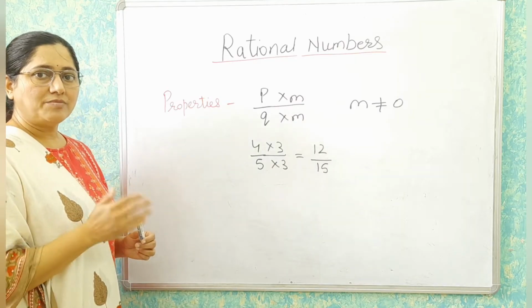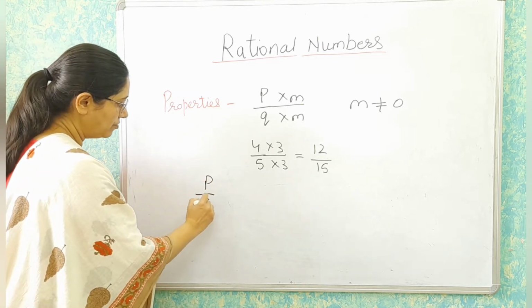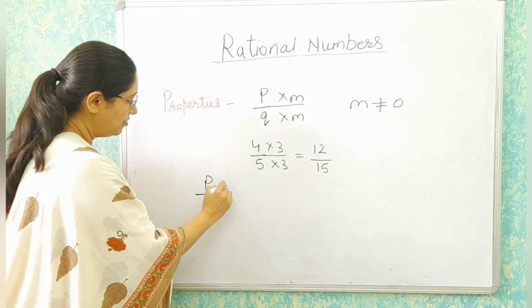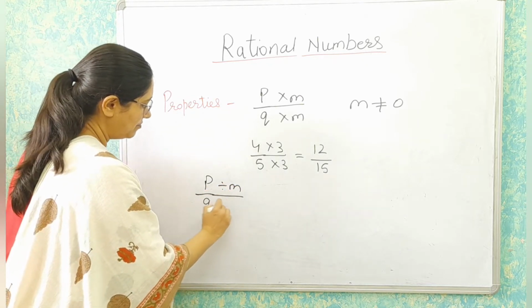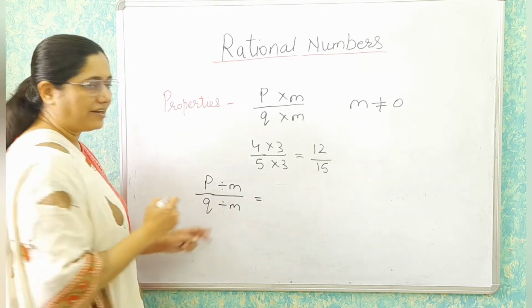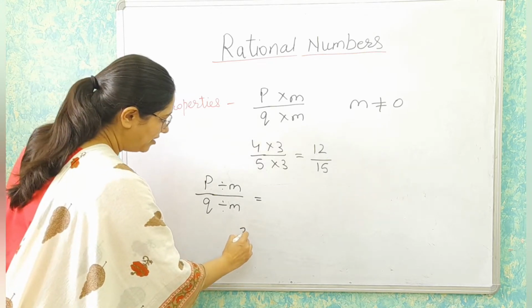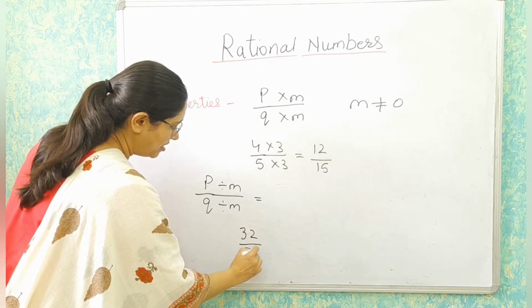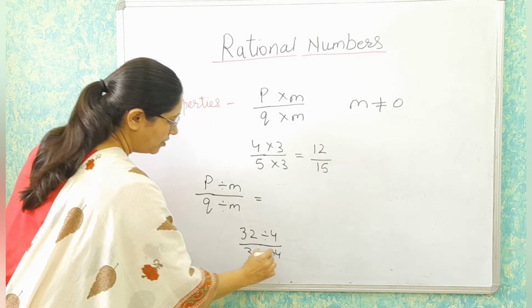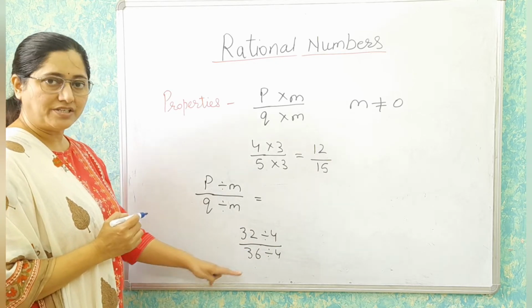Second property, suppose again I am having a rational number p upon q. But this time I am dividing this rational number with a non-zero integer, say m. Again I will get an equivalent rational number. For example, if I divide 32 upon 36 with 4, you know that 4 is a common divisor which can divide 32 and 36 both.